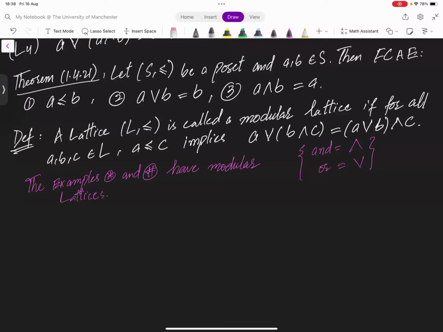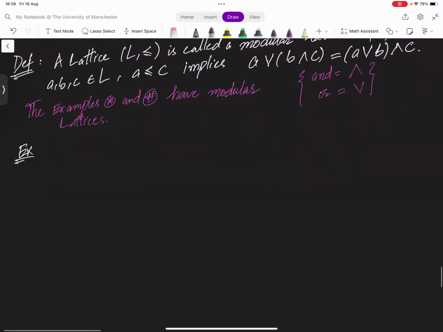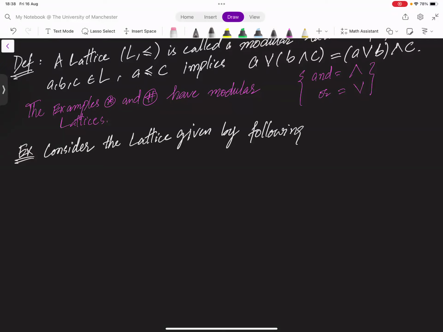Perfect. Let's define one more example. Consider the lattice given by the following diagram.